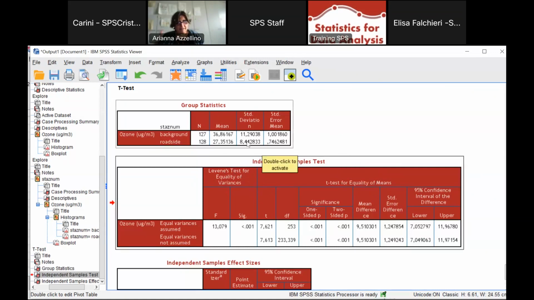And in fact, as we can see here from the standard deviation, the roadside data apparently have a lower standard deviation than the background station. And if we look at the significance level of this Levene's test, which compares exactly the two group variances, we need to conclude that we are rejecting the null hypothesis.